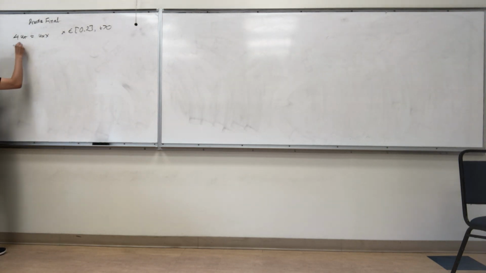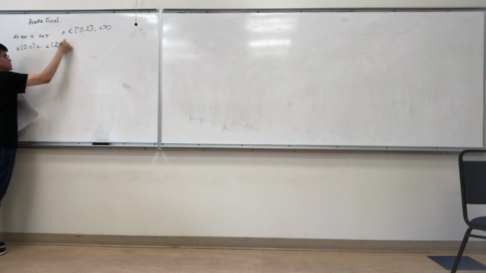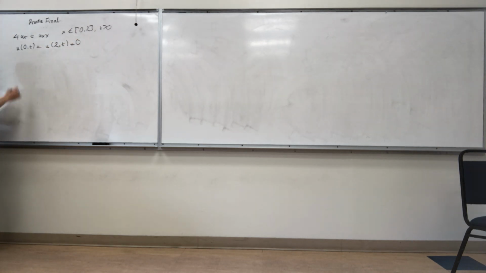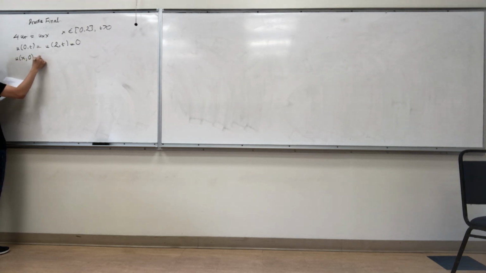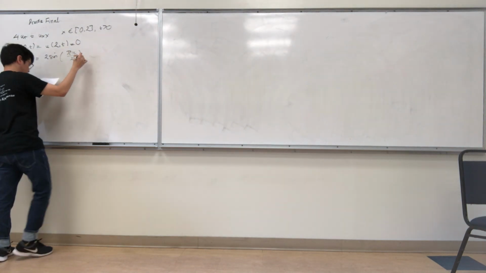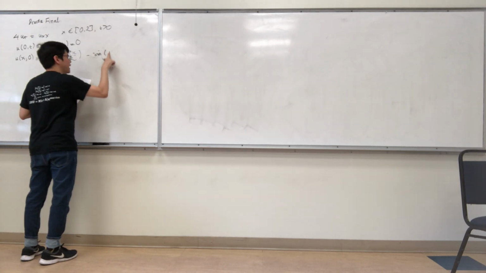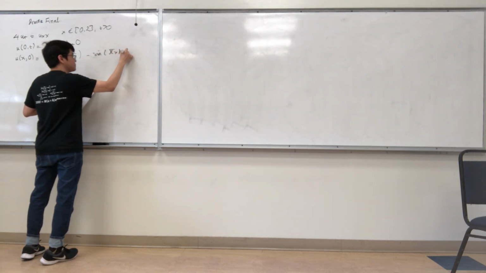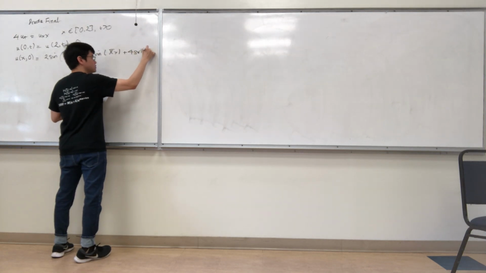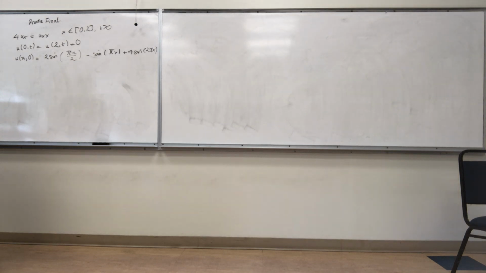You have the boundary conditions u(t,0) = u(t,2) = 0, and the initial condition u(0,x) = 2 sin(πx/2) − sin(πx) + 4 sin(2πx). Alright? So this is the problem that we were trying to solve.